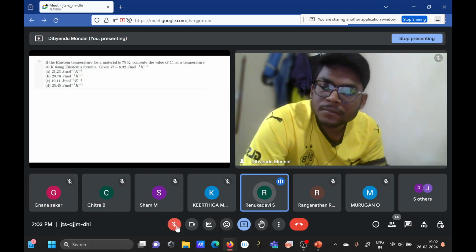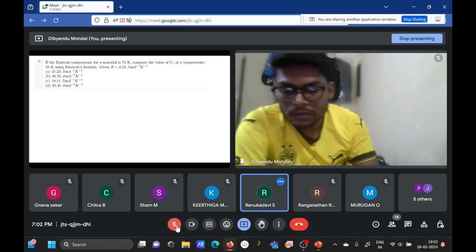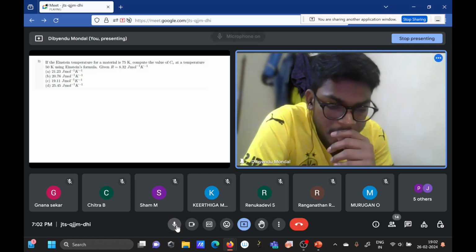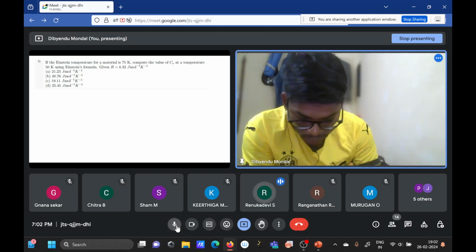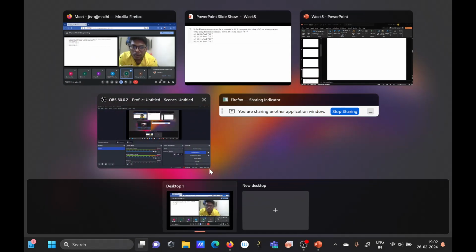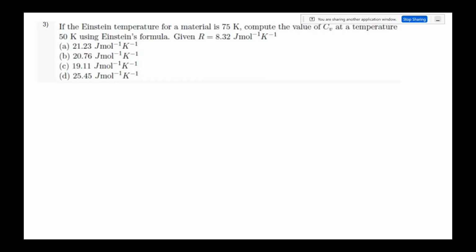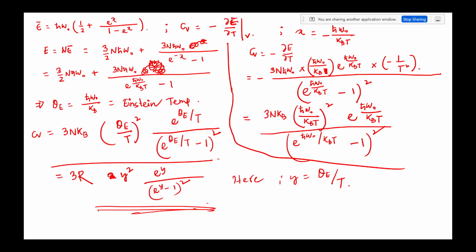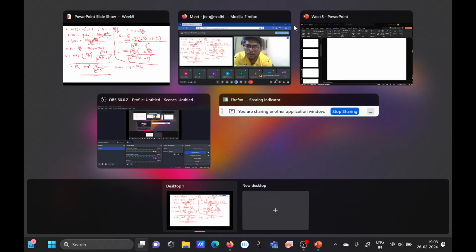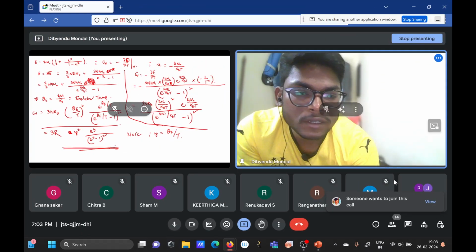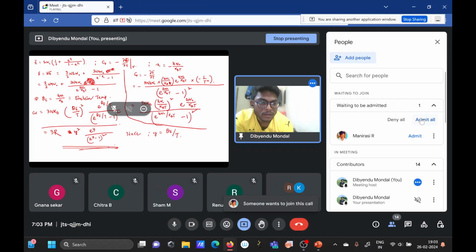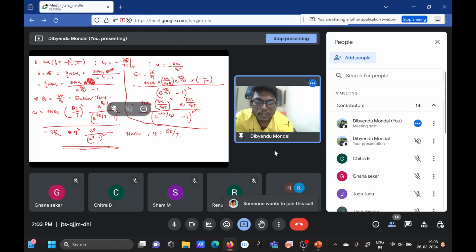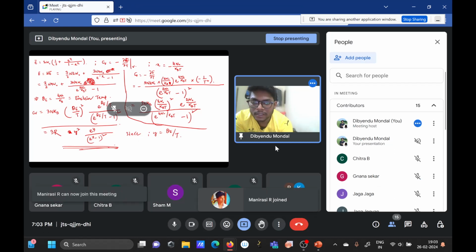Yeah, 3 N kB and then 3 N kB. What is the remaining, sir? Remaining part? Okay, okay. I'm just showing the formula. This formula, what is underlined. Can you see it? Sir, yes, sir. You can see it, right?